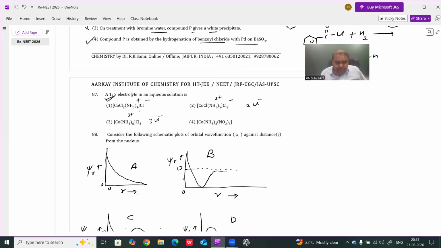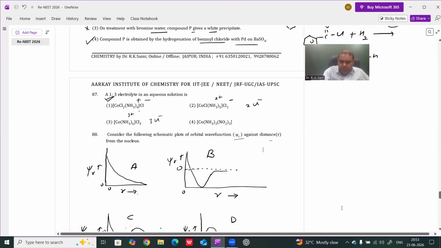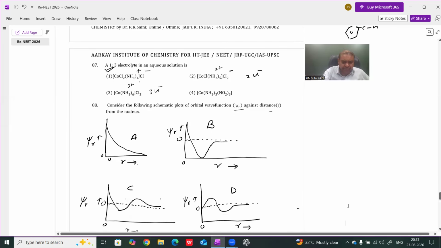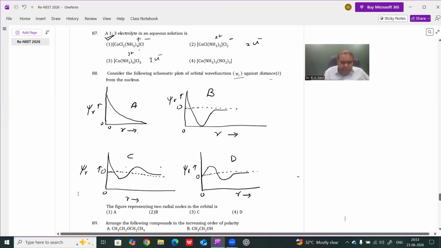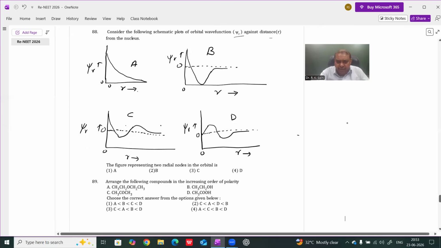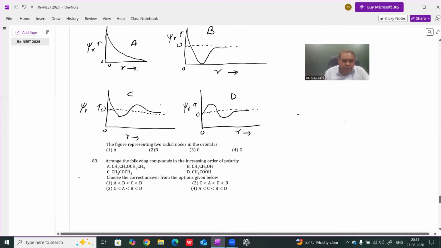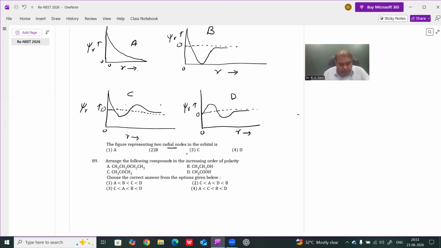Question next, 88. Some graphs are given of wave function against distance from the nucleus, and we identify the graph which has 2 radial nodes. A radial node is the point at which the wave changes its sign.